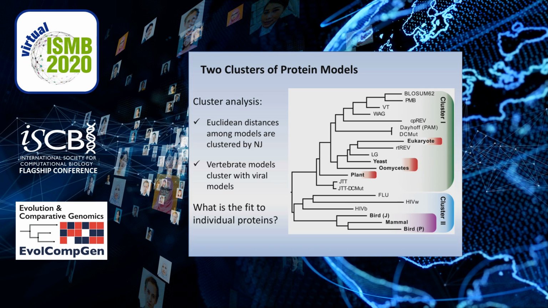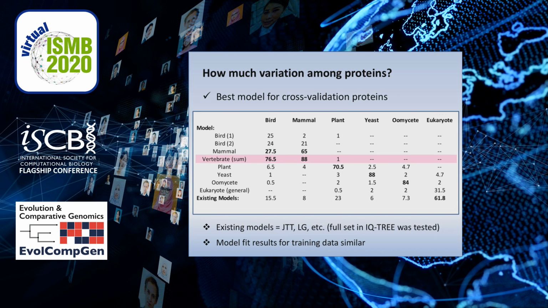Now, if we want to get a handle on variation among proteins within each of these organisms, one way we can do this is by cross-validation. What we're doing here is we take a validation set of proteins that are not included in the training data, and then we ask whether we can use the models as a classifier for proteins from this cross-validation set.